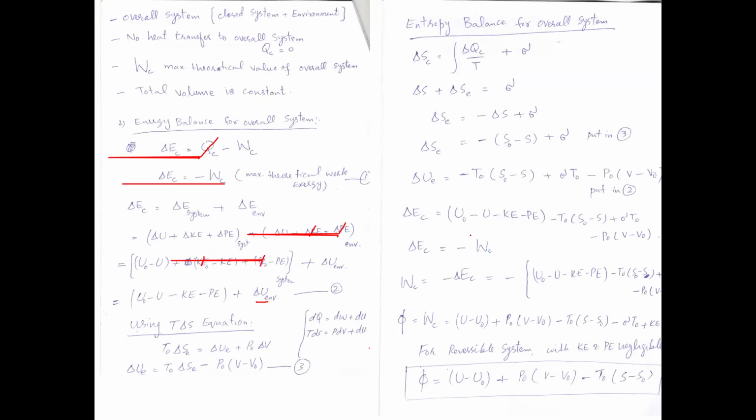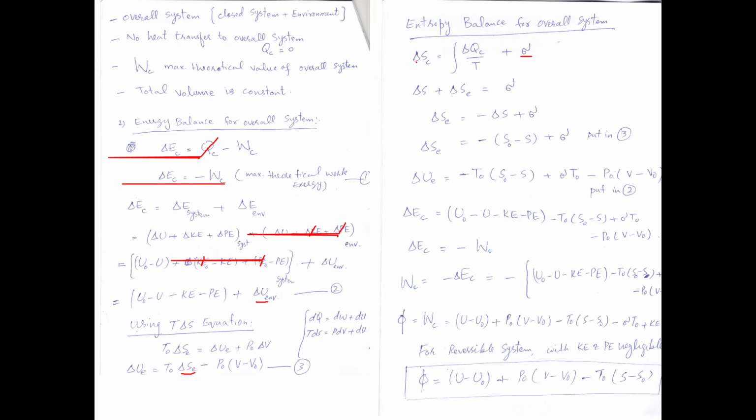Okay, so continue. Now we have no new term, the change in internal energy of the environment. Now first we have to calculate this term again for equation 3. So let's use the entropy balance for the overall system. We know that the entropy balance for the overall system is equal to the entropy transfer because of heat plus the production term, right?